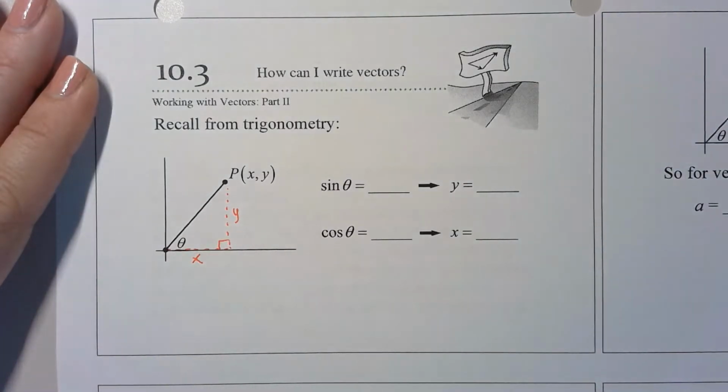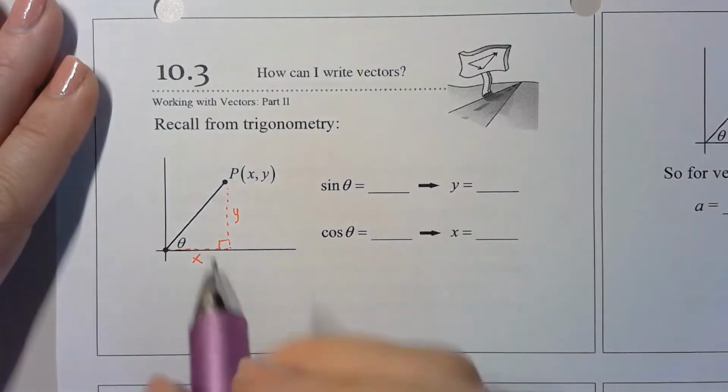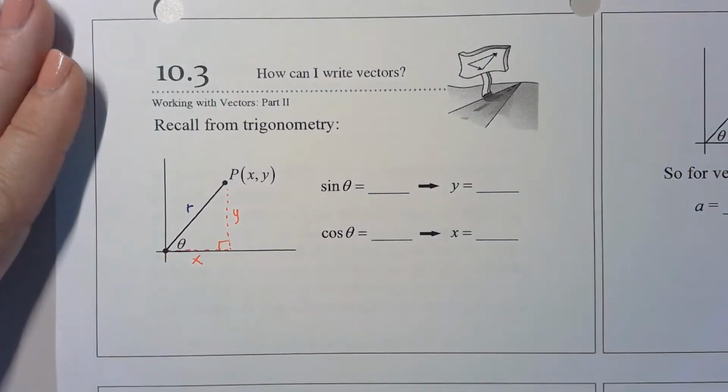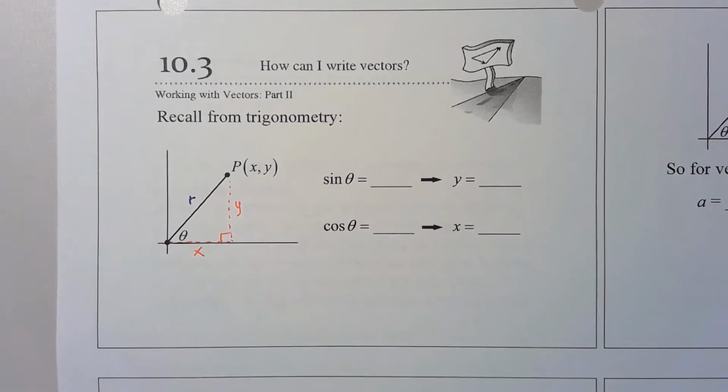Now, a bit ago I said if we were in the unit circle, but we don't have to be in the unit circle, so we called this the radius. Sometimes the radius is 1, and sometimes it's not. So in this diagram, I've got the three sides labeled x, y, and r for the radius, and then we've got our angle, theta.